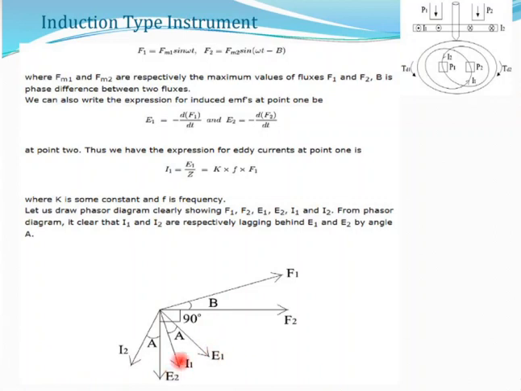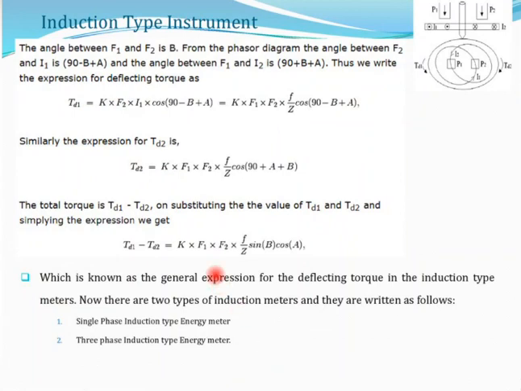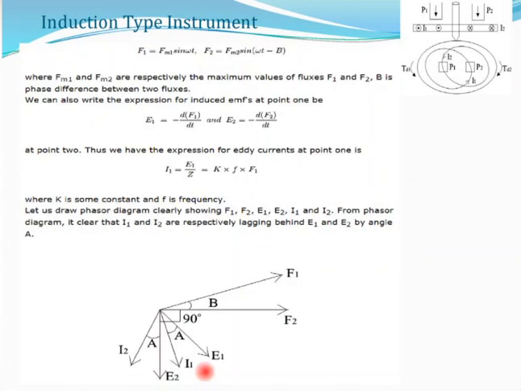B is the phase difference between F1 and F2, and A is the angle shown in the current lagging.